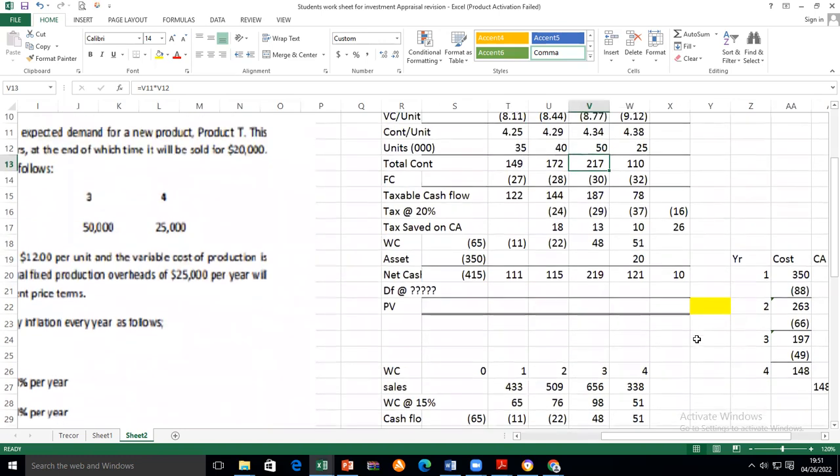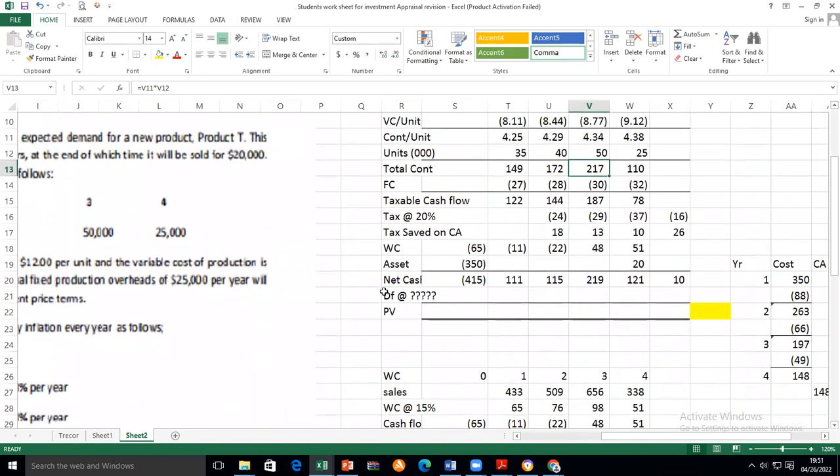We come here. So at 11%, let's discount at 11%. So now we know that we must discount at 11%. That is 1 divided by, okay, there we are.